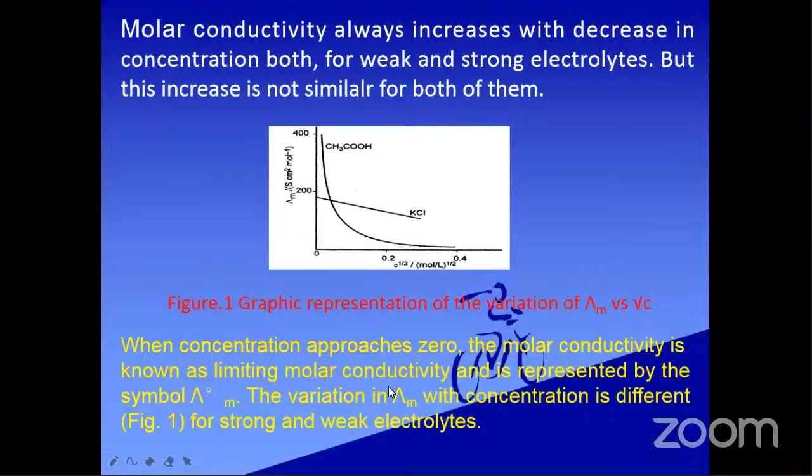This picture indicates the limiting molar conductivity of strong electrolytes as well as weak electrolytes. By extrapolation of the graph for KCl, taking 0.1, 0.2, 0.3, 0.4 concentrations, we get the limiting molar conductivity of the strong electrolyte, but not of the weak electrolyte.